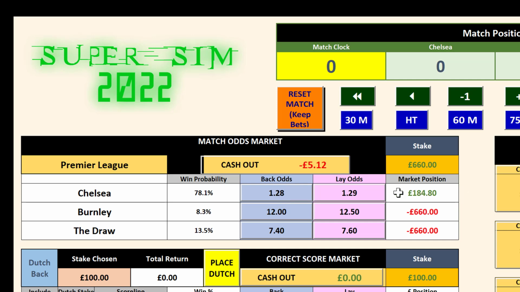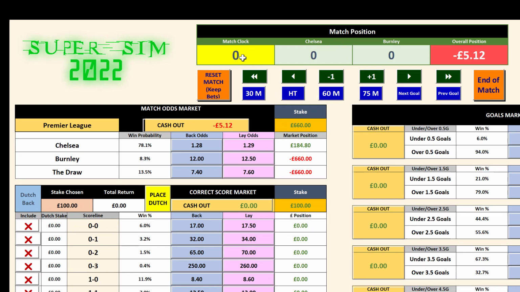Already you can see a higher profit potential of £184. Now let's move that clock forward to 42 minutes. And just take a look at this. That goal to Chelsea, by backing the favourite, gives us a profit at that point of £81. That's significantly higher than the £25 if we were to lay the draw in this particular match.